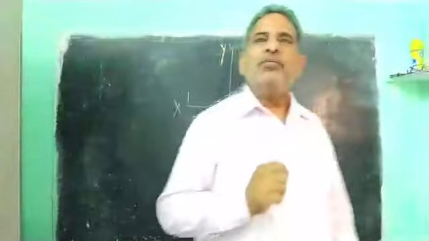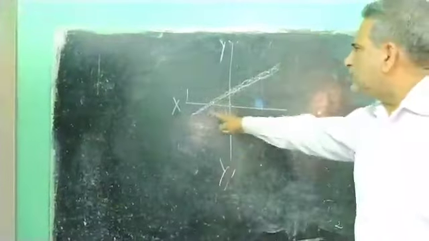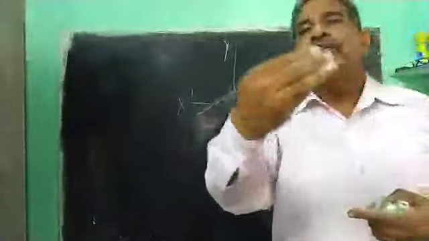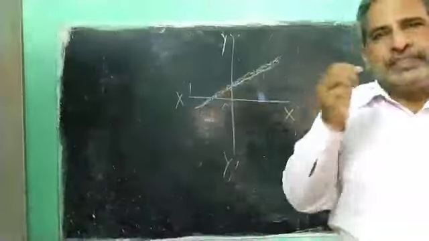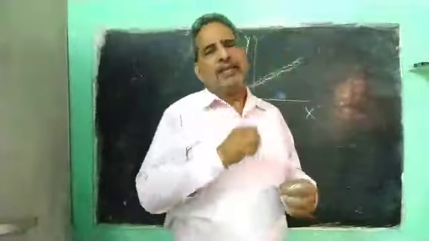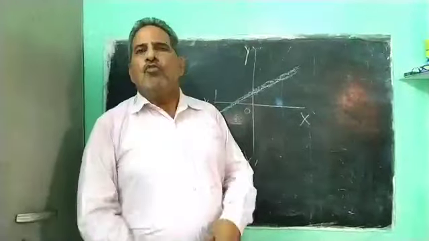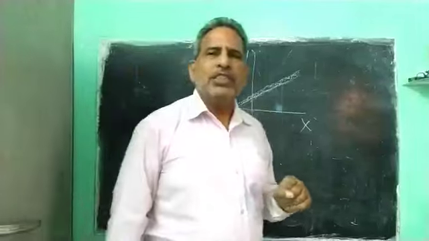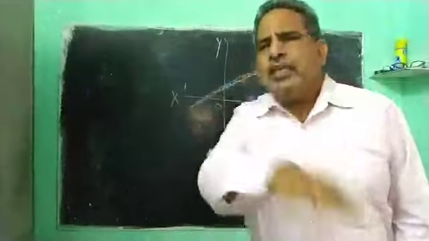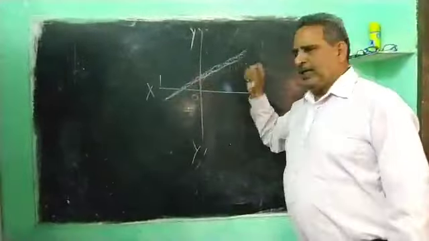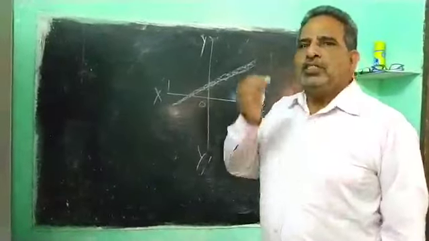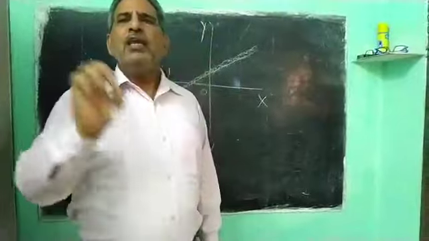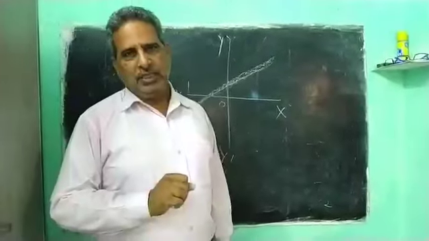So what do we get from here? These two lines are overlapping with one another. They are coinciding. So beta, when we draw the graph of two linear equations in two variables and it comes coinciding, that means these two equations have many solutions.